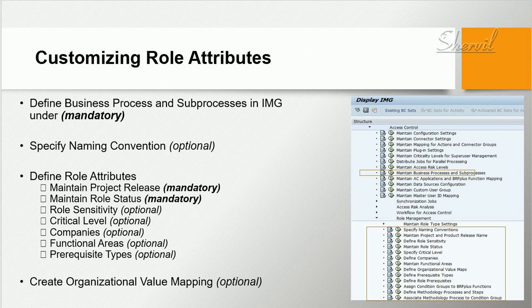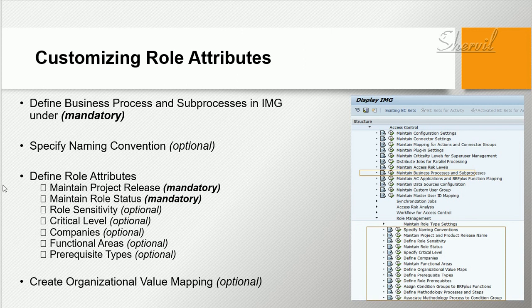But having a role naming convention defined as a customizing step, I think it's a good idea. So we'll see what it is and we'll take an example of configuring it, defining a role naming convention for our roles, single roles, composite roles and derived roles.